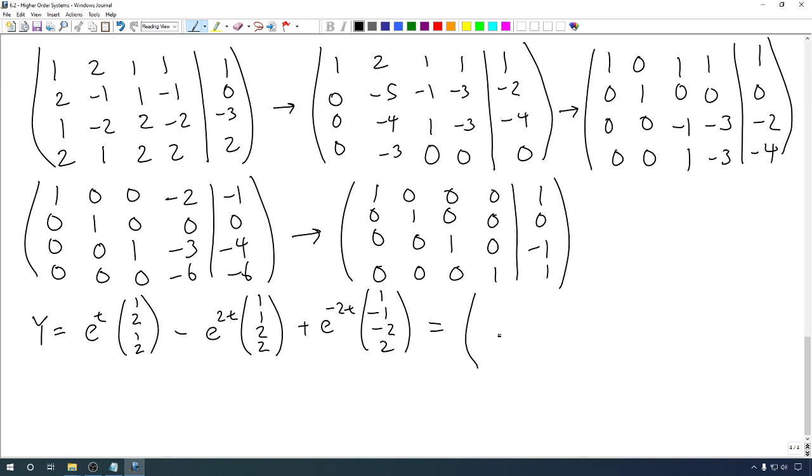Or in other words, let's write it out as our functions.